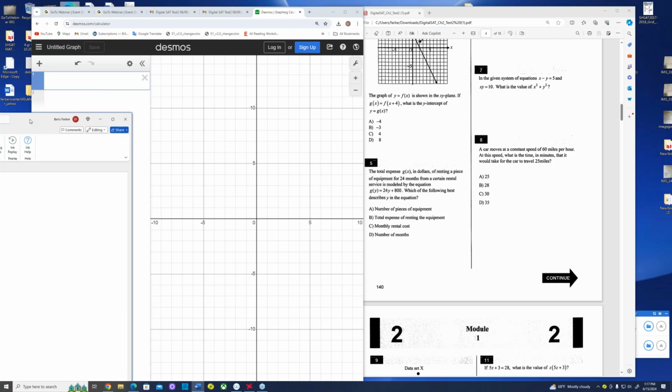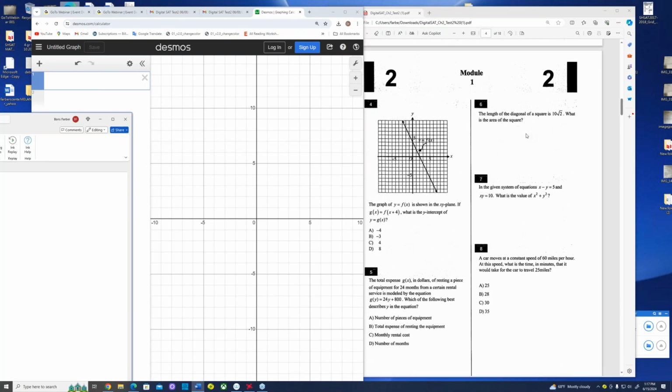By the way, one student asked about number 6, he made a mistake in this one. The length of the diagonal of a square. I will just give a hint for this.